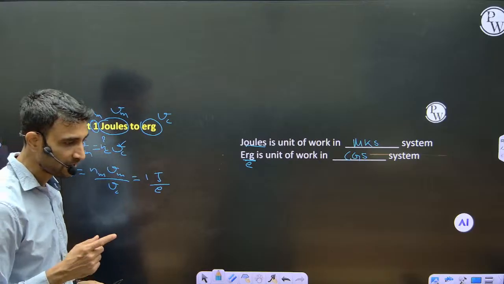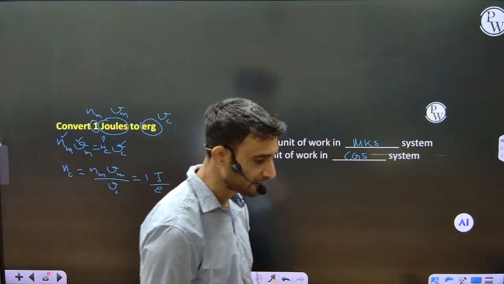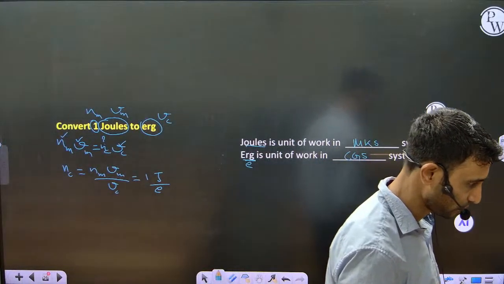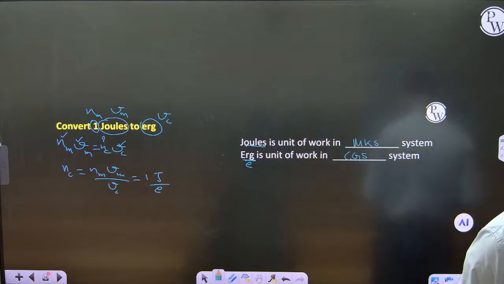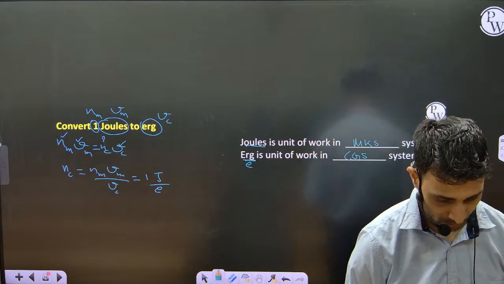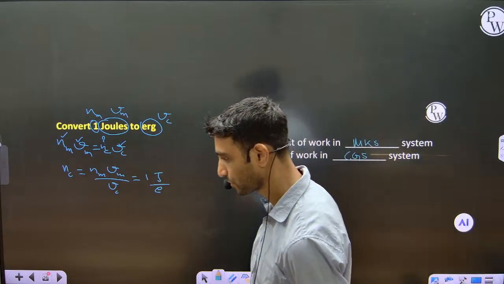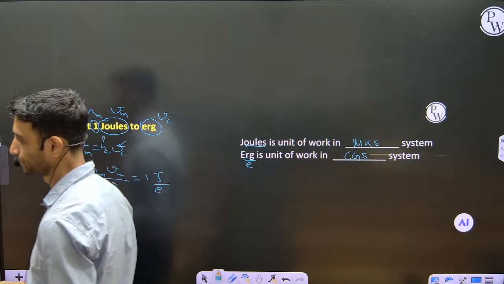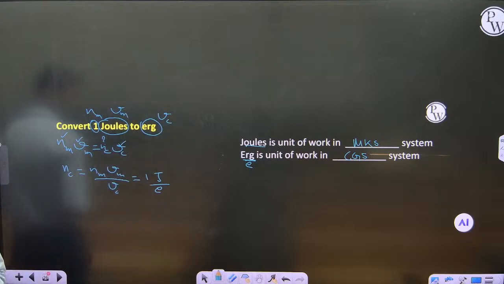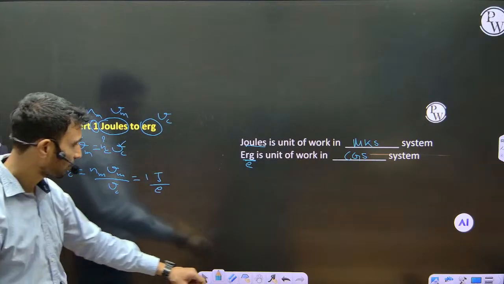That means you have to find joules, you have to find ergs, simplify them and put it there to get the relation. So how do we find out joule and erg values? Let's see how to do that part.